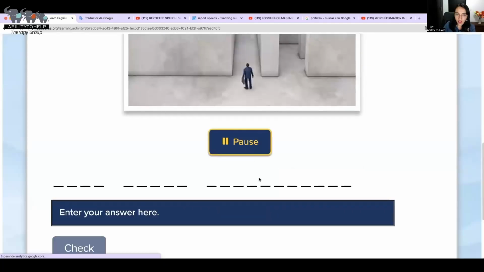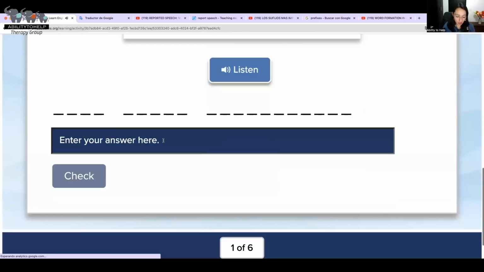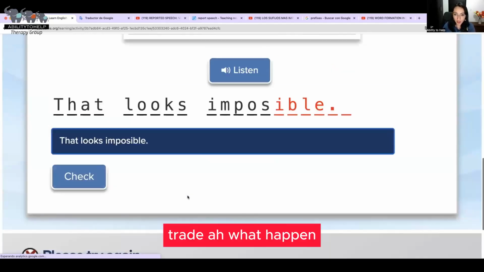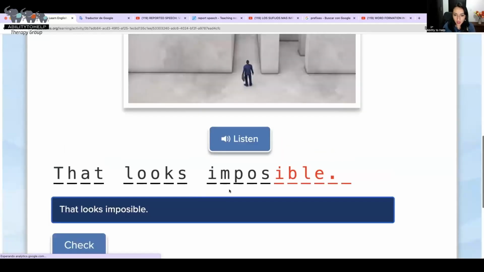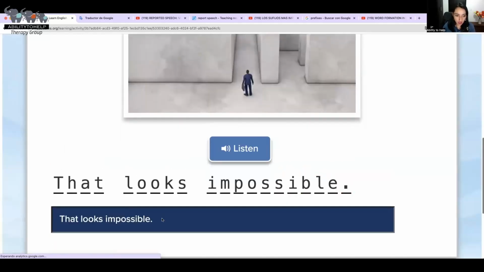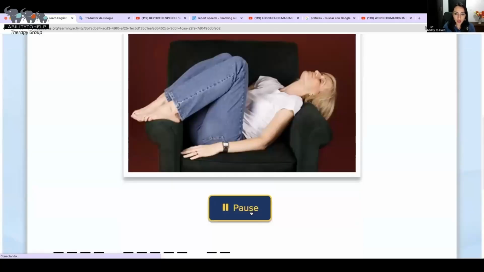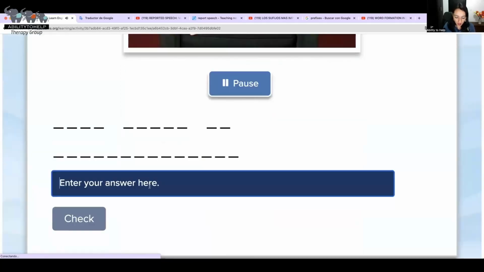That looks impossible. It's impossible. This chair is uncomfortable.